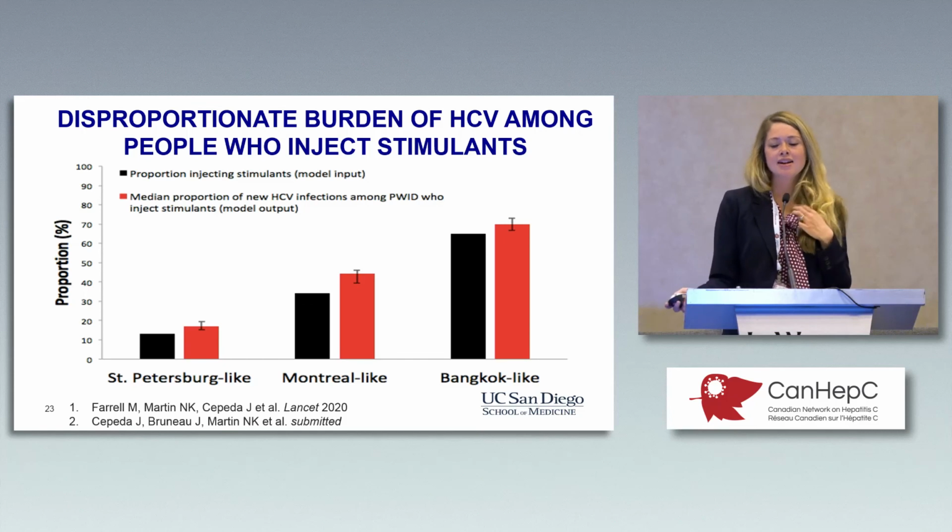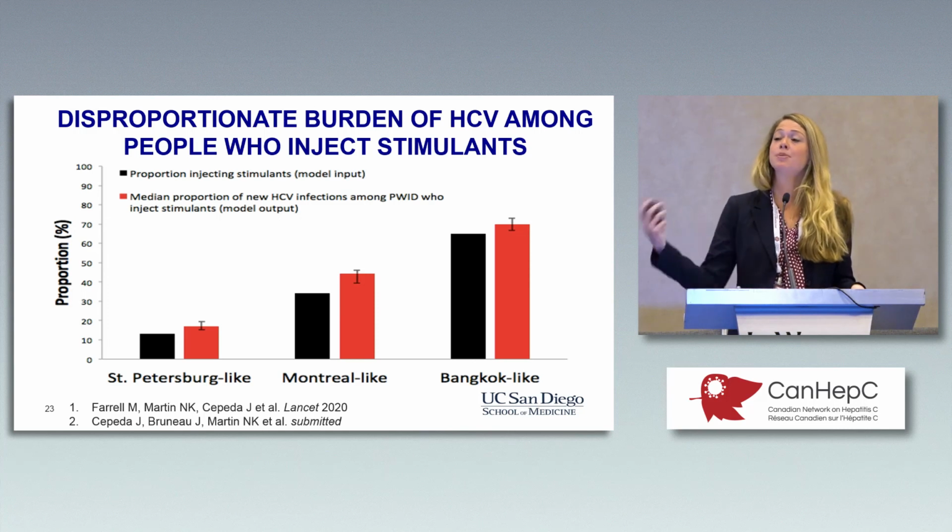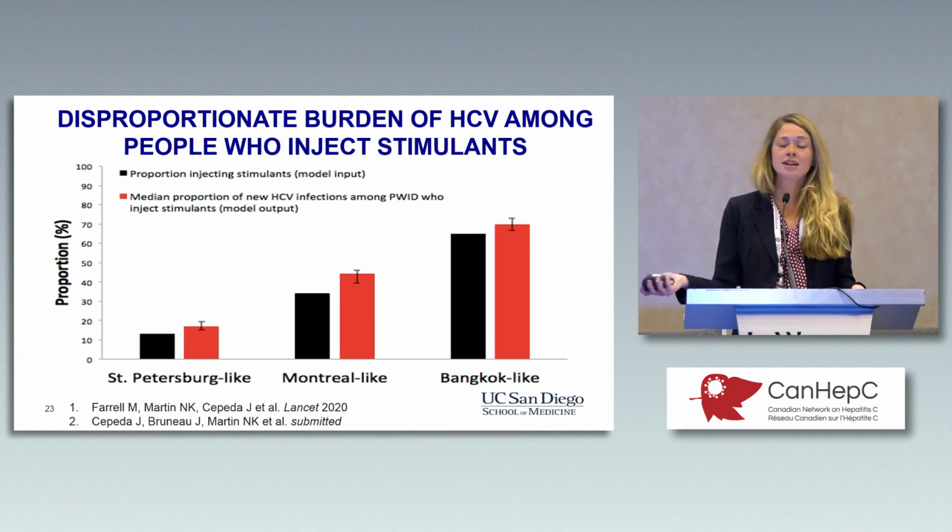And we found that this is the proportion of new hepatitis C infections among stimulant injectors. So stimulant injectors have a disproportionate amount of new hepatitis C infections in the next year. We found the same thing for HIV.